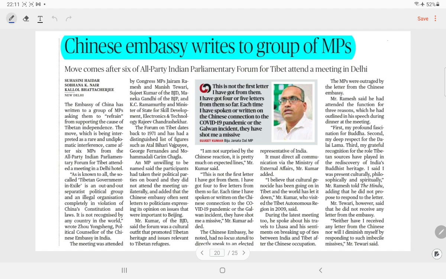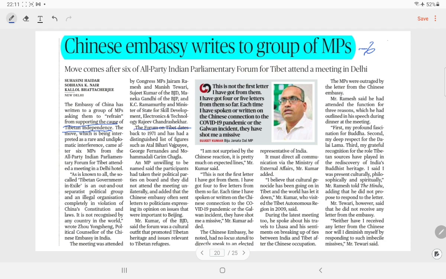So moving on to the next news, the Chinese embassy has written to a group of MPs, basically six MPs, to refrain from supporting the cause of Tibetan independence. This came after six MPs from the All Party Indian Parliamentary Forum for Tibet attended a meeting in a Delhi hotel about Tibet.